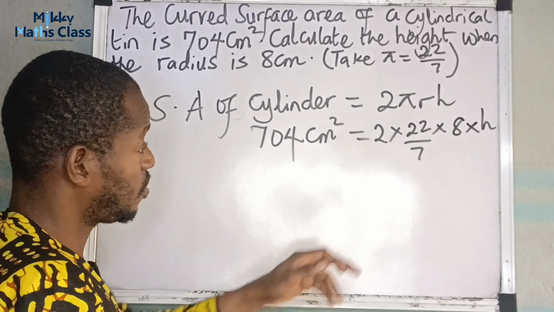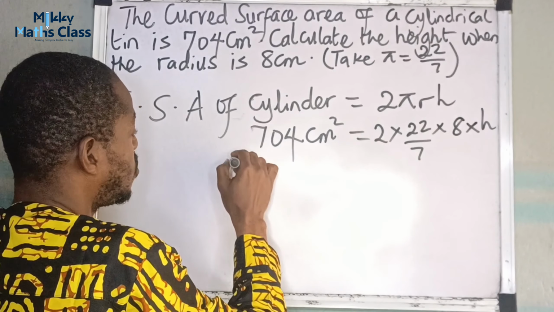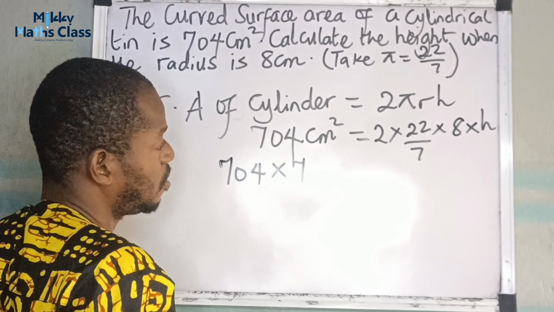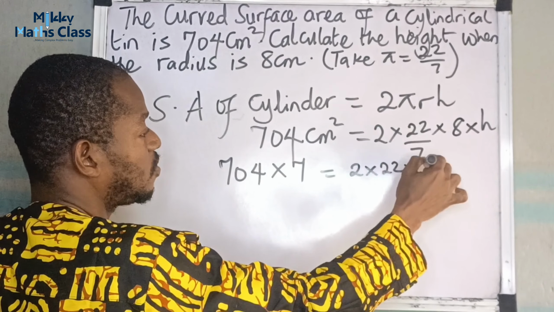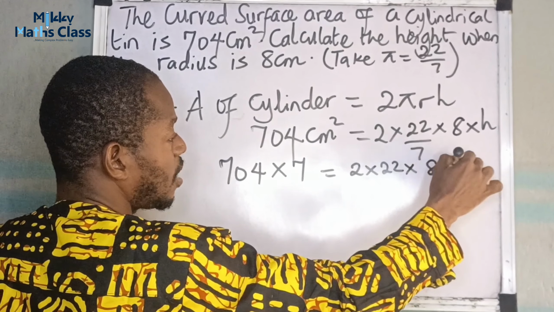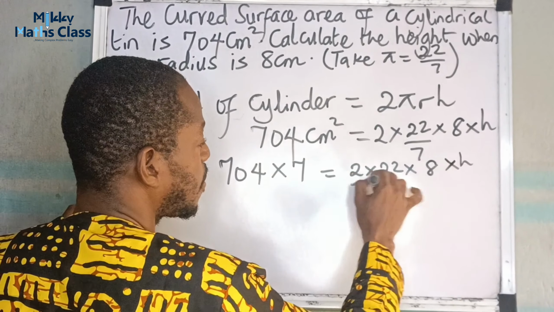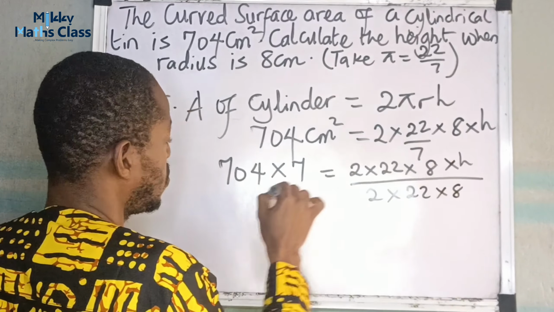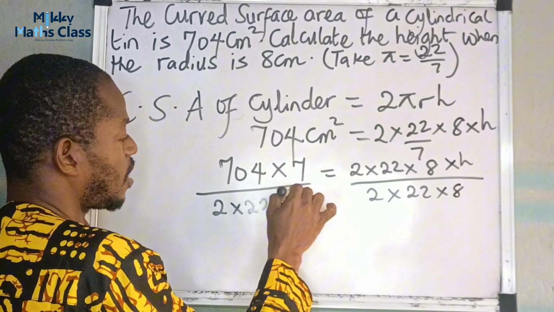From here, cross multiply, multiply both sides by 7, so this becomes 704 times 7 equals 2 times 22 times 8 times h. Now from here, divide both sides by 2 times 22 times 8.